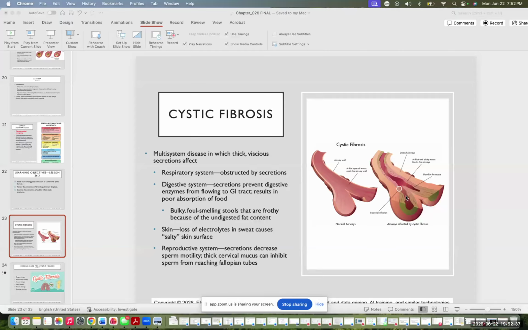So what do you think happens with couples where one of them has cystic fibrosis? It'll lead to infertility issues. Absolutely. Not only will it affect sperm motility, but again, thick cervical mucus inhibits fertilization from happening in the fallopian tubes. Okay. So it's a secretion issue.